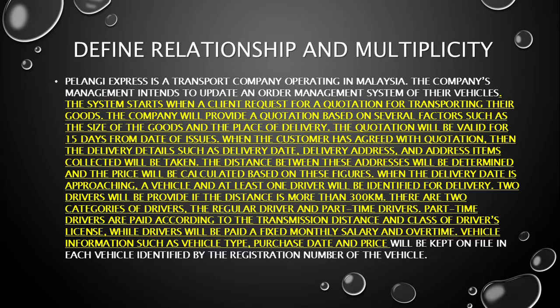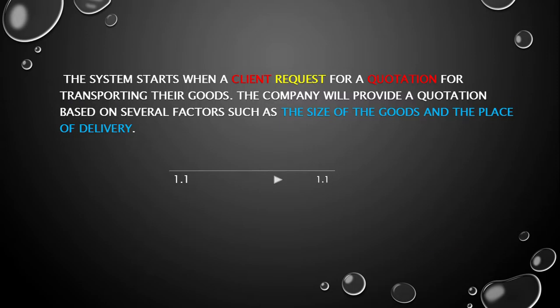Okay, this is the question. I put the yellow color and underline it. Based on this passage, you can find the relationship, multiplicity, entity, and also attribute. For example, the system starts when a client requests a quotation for transporting their goods. The company will provide a quotation based on several factors such as the size of the goods and the place of delivery.